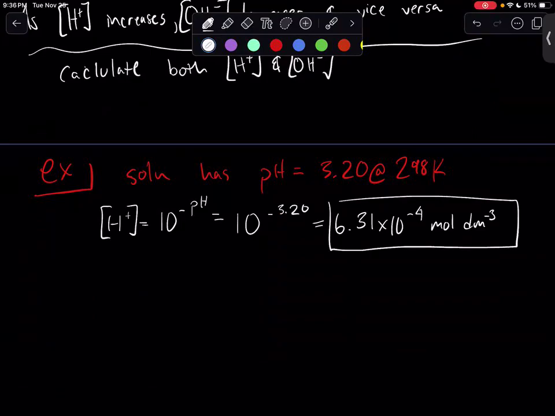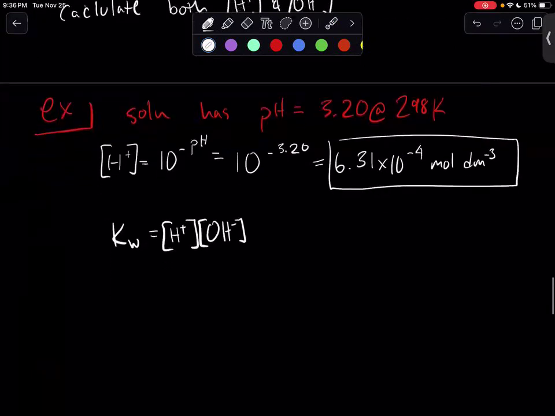Our OH minus concentration, we now have to take our ionic product of water as the concentration of H plus times the concentration of OH minus. We can plug in the values we know, but first I'm going to do a little rearranging. I'll take OH minus is equivalent to the ionic product of water divided by the concentration of H plus.